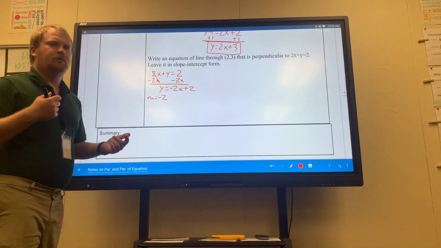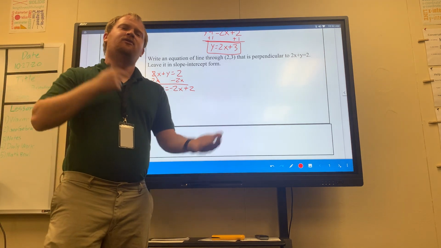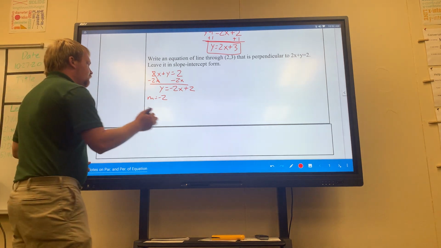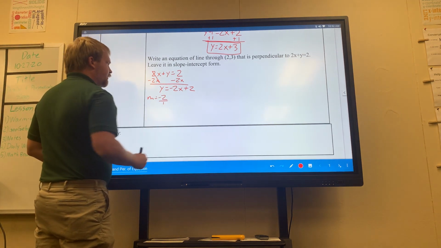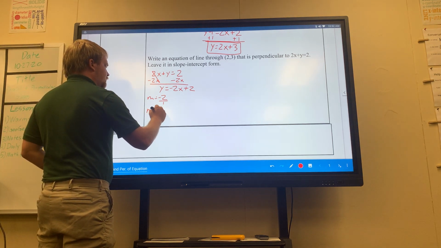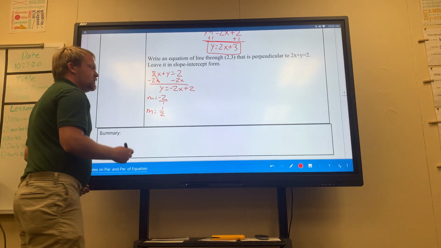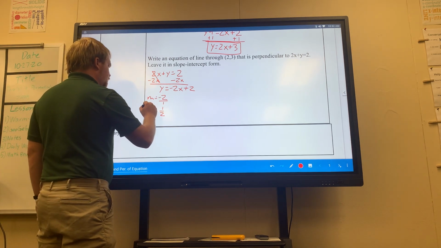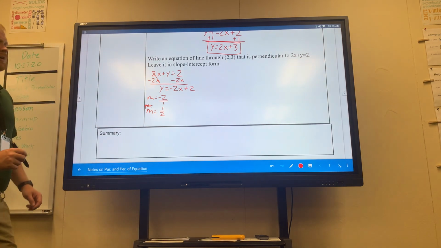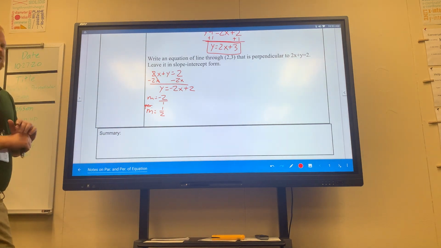Remember, with perpendicular, I have to take the reciprocal of the slope and change the sign. I can put a 1 underneath; if I flip the fraction, I make it 1 over 2, but I have to change my sign. For perpendicular, I'll write PER for short.